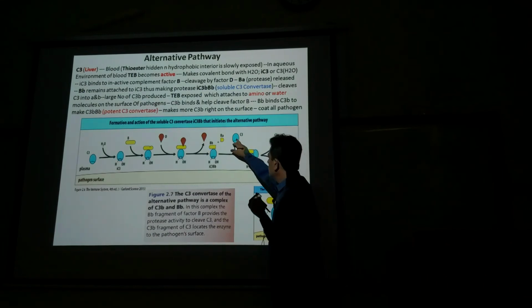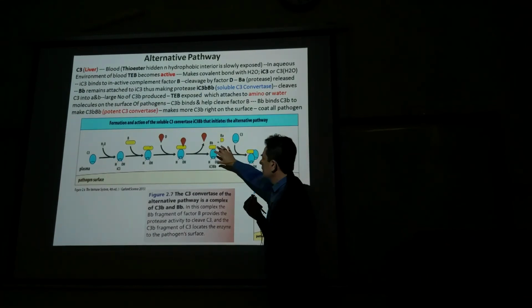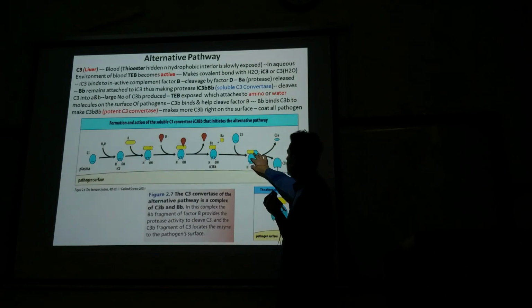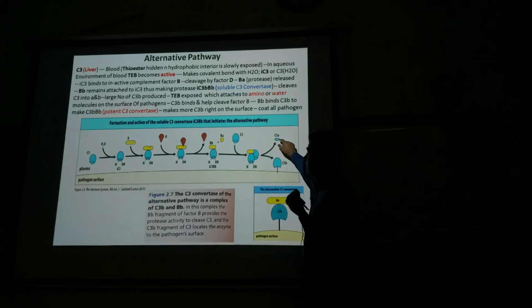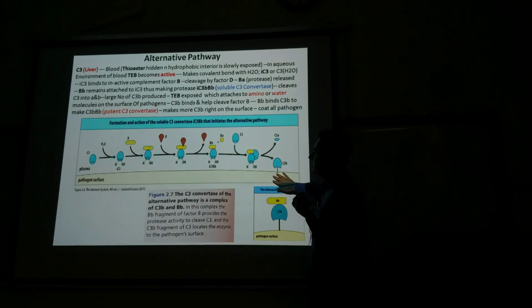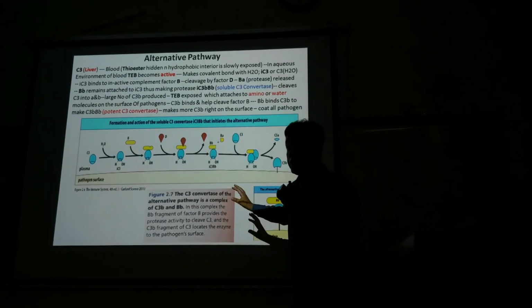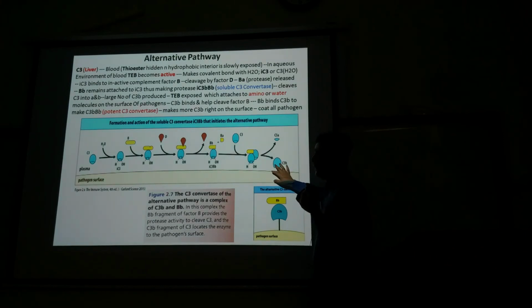Okay, so this is a C3. It has come in contact with this soluble convertase here, and it has cleaved it into two parts. Now this is an anaphylatoxin or a chemoattractant, the C3a, and the b part has just bonded to the surface of the pathogen here through covalent linkages.